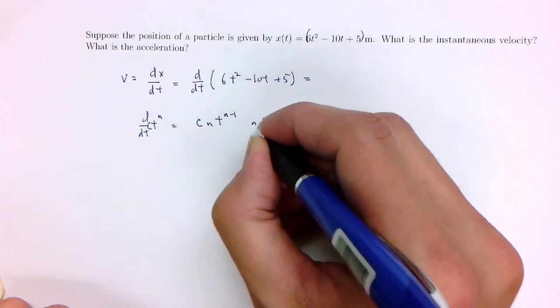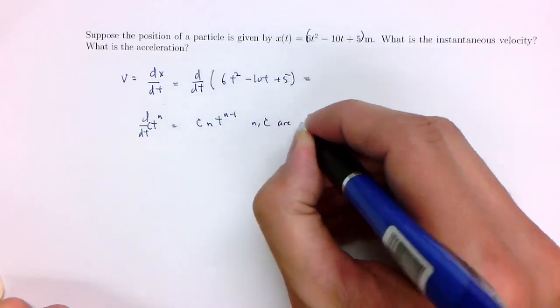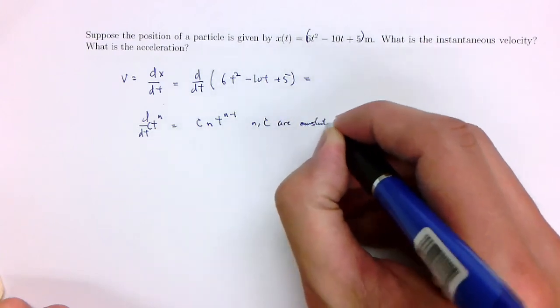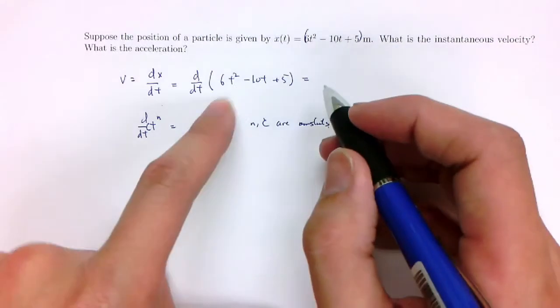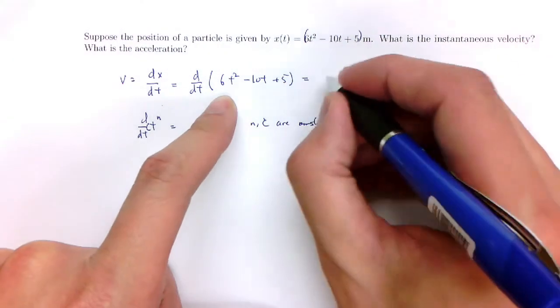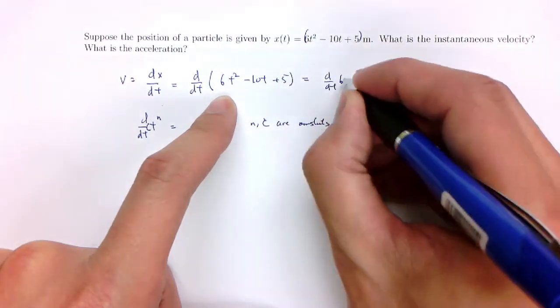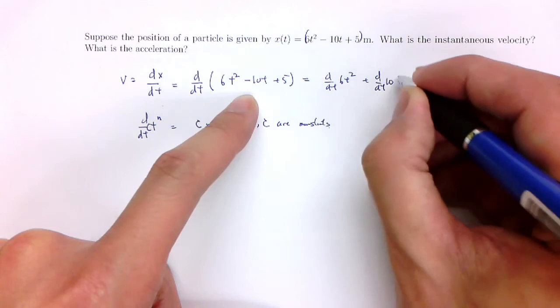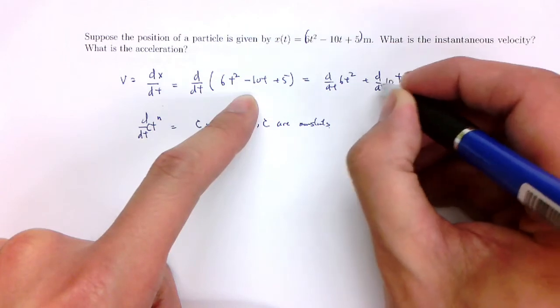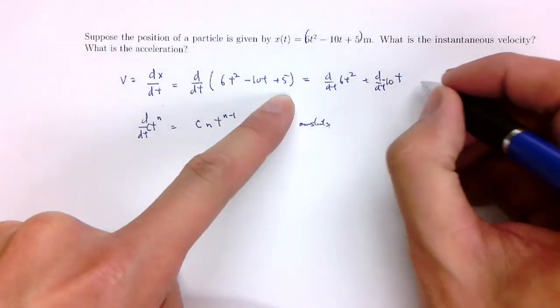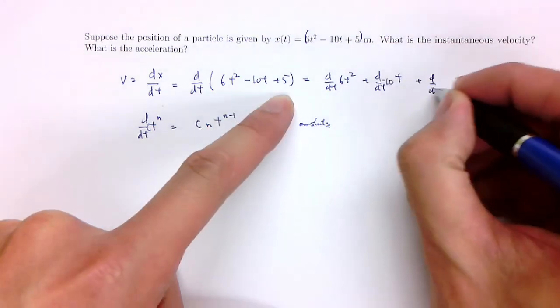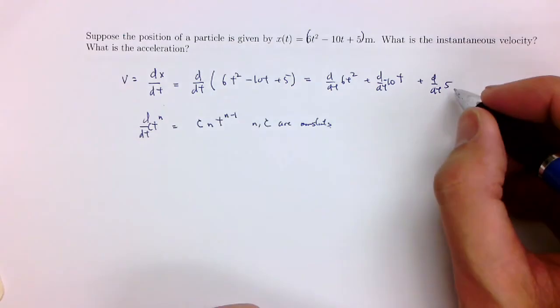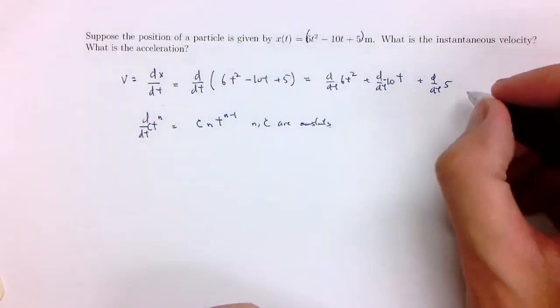When you apply this rule, it's d by dt of 6t squared, minus d by dt of 10t, plus d by dt of 5. The derivative of a constant is just going to be zero.